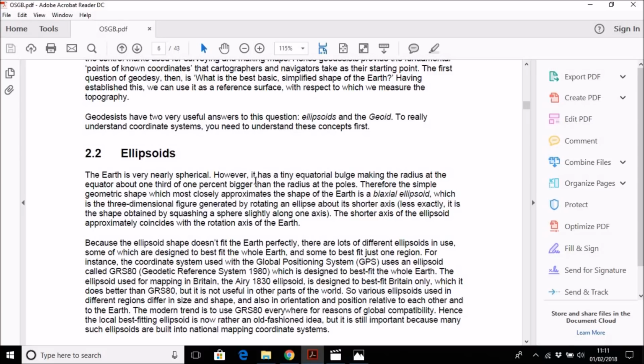Now, this sentence is crucial to what Nathan Oakley did. Okay, the radius at the equator is about 1/3 of 1% bigger than the radius at the poles. About 1/3 of 1% is 1/300.